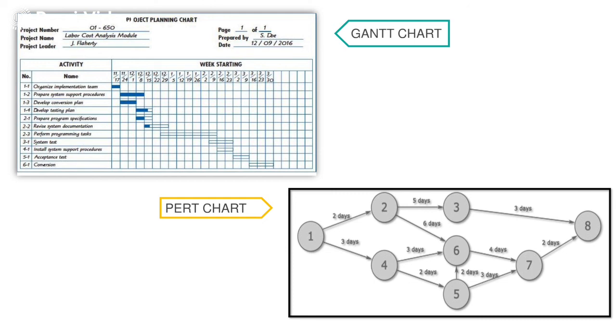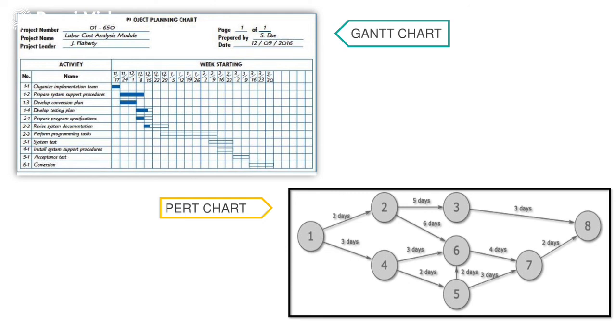If one of the activities in the critical path is delayed, it will affect the whole timing of the development, so it will delay the whole project. That's why the PERT chart is also used in the planning techniques, to identify any critical activities or critical path.